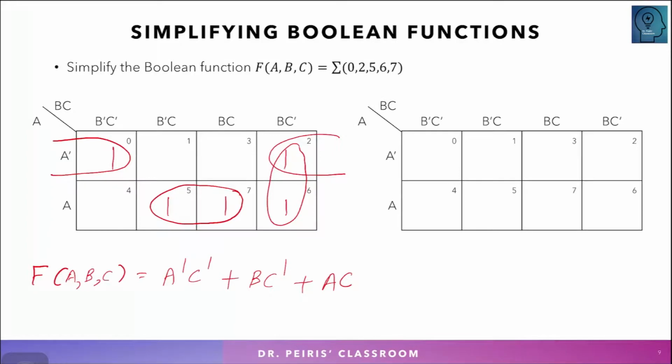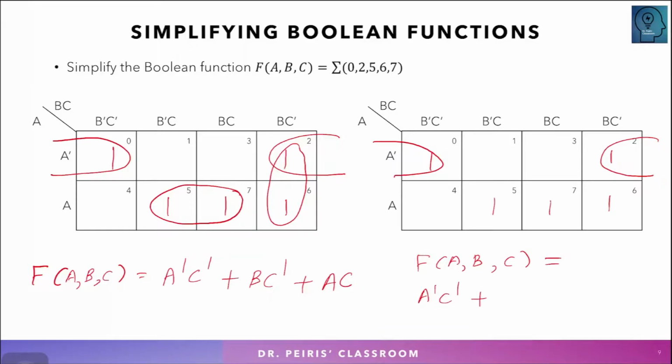This question can be done in another way also. We can do the grouping in another way, so I'm going to show you that. Let's see the other way of grouping. Definitely we need to group this one as before. So this function f(a, b, c) equals, the first term is A prime, C prime.